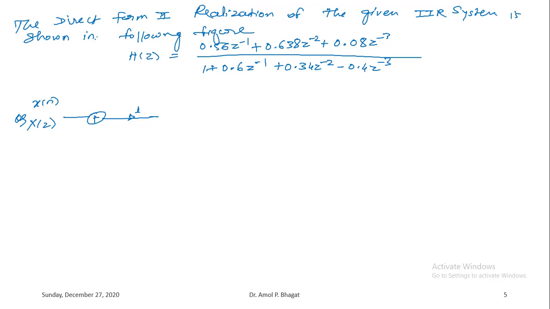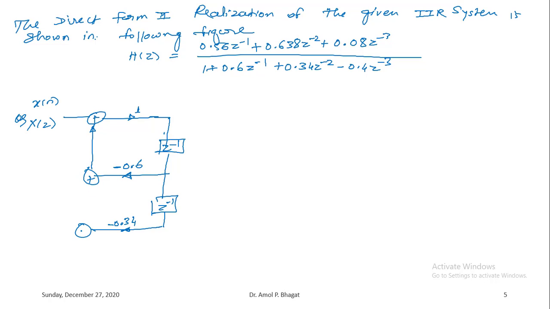As we are realizing the denominator here, we have this delay element z inverse, then it is multiplied with minus 0.6, then it is added here. Similarly, the second delay element, then again it is multiplied with this constant coefficient, minus 0.34, and here again it will be added.